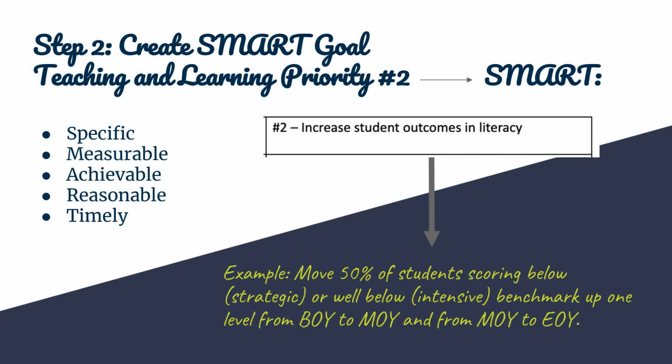So now that it's specific, it's measurable, it's timely because these are generally benchmarking times within the school year, and so they fit really nicely into those spaces. And we also need to be checking with our teams that these are achievable and reasonable.